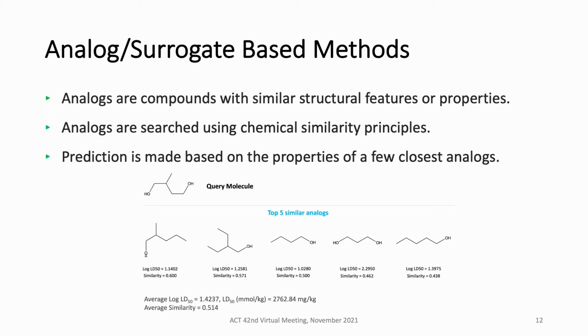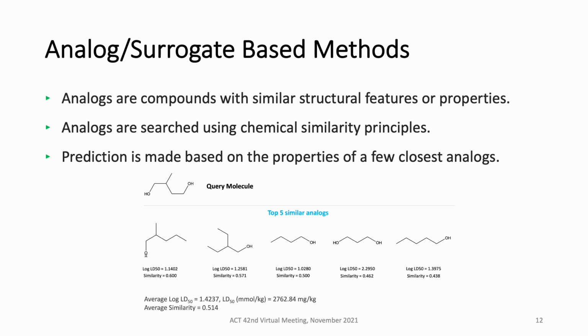I'd like to talk about another computational approach, called analog or surrogate based methods. These methods are based on finding chemical compounds that are similar to the query compound. The analogs are compounds that have similar structural features or similar physical, chemical, or biological properties.